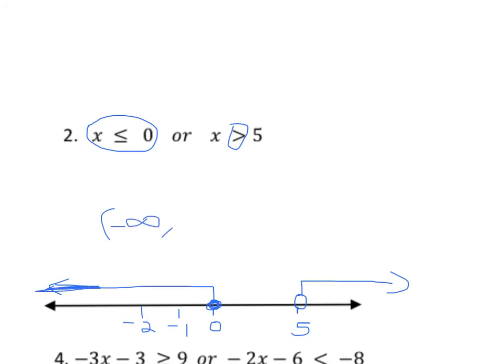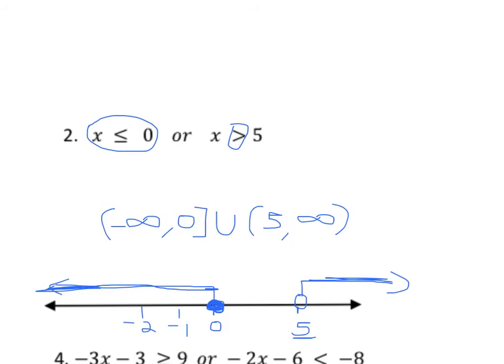Then if I follow it left to right, it stops right here at the 0. Since that 0 is filled in, I put brackets. Then I put union. Then it starts up again at 5. I'm going to have parentheses at 5 because 5 is not filled in. Goes to the right forever, so then it's infinity. And again, that U means union.